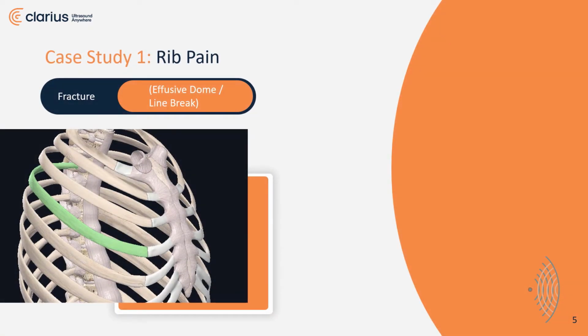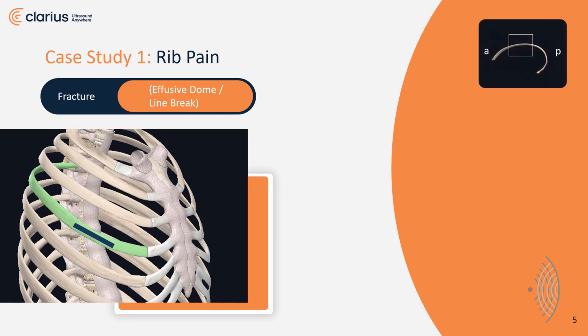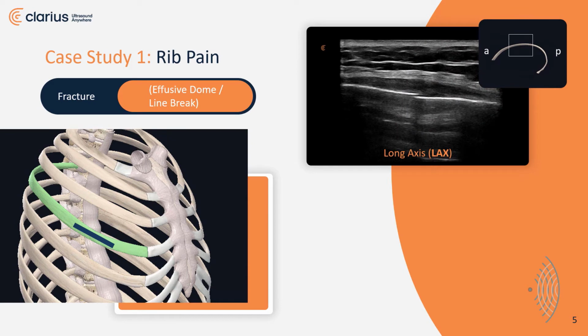In this call-out, you will see rib number 4 is going to show up, and along with it, there is a blue line that's going to represent the long axis view that we're going to take a look at in this slide here.